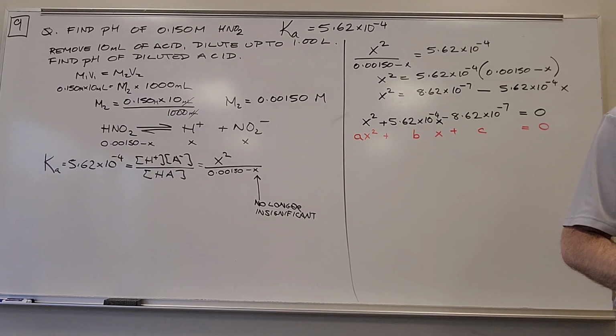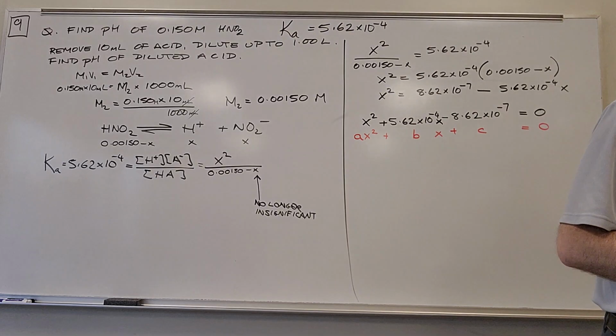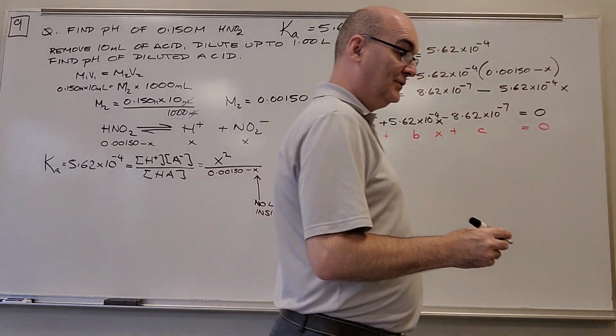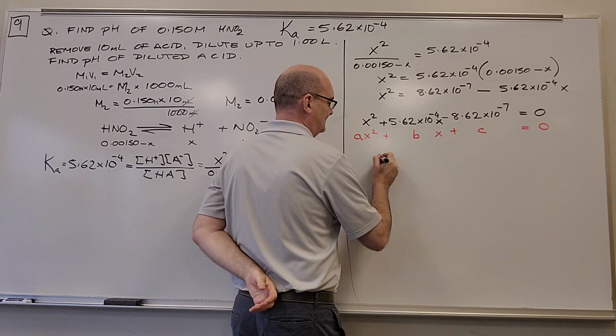And if you have a calculator and you know how to do it, or an app, then go ahead and do it. If you don't, then we're doing that by hand.